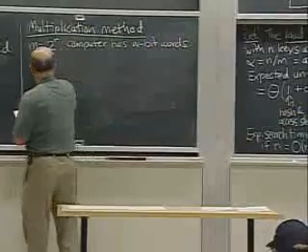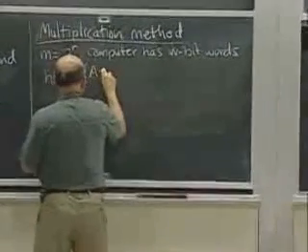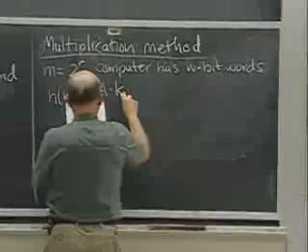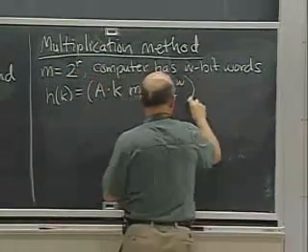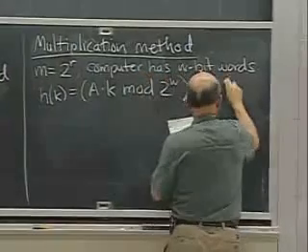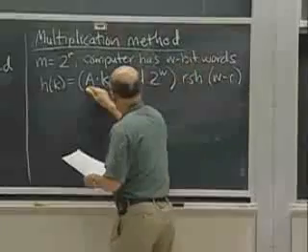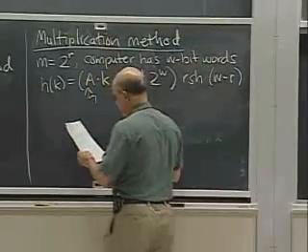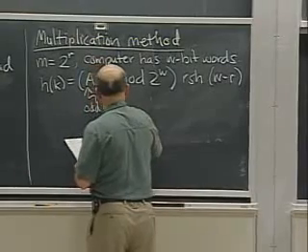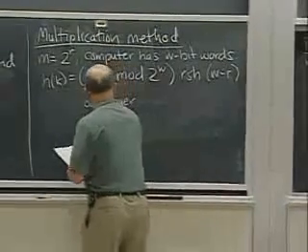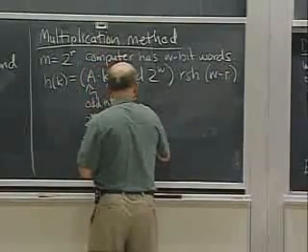So the hash function is the following. h of k is equal to a times k mod 2 to the w, right shifted by w minus r. Okay? So the key part of this is a, which is chosen to be an odd integer in the range between 2 to the w minus 1 and 2 to the w.